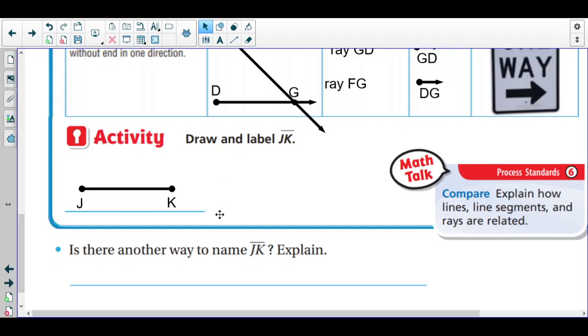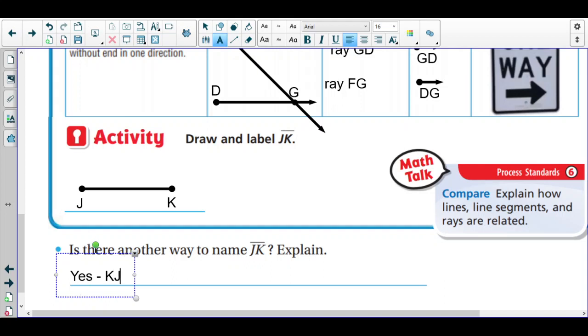Is there another name or another way to name line segment JK? Well, sure. First of all, yes. And we can name it KJ. So line segment KJ.